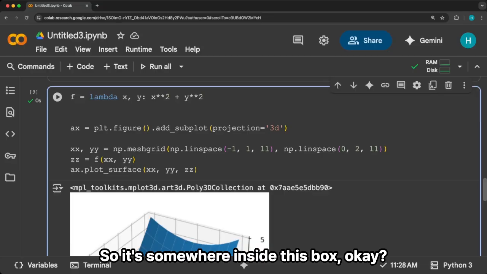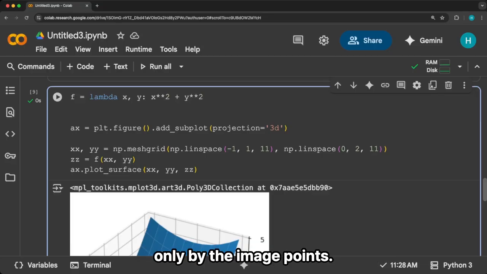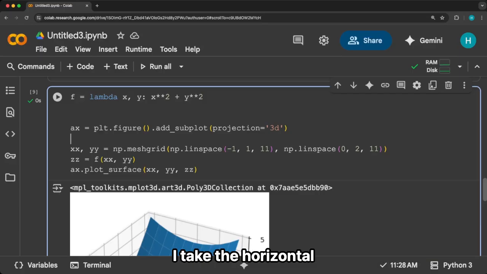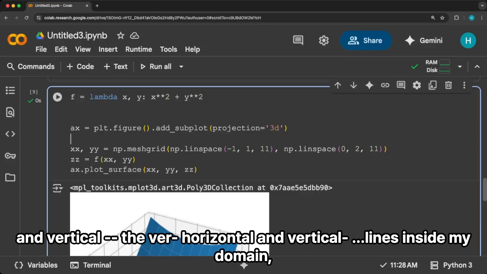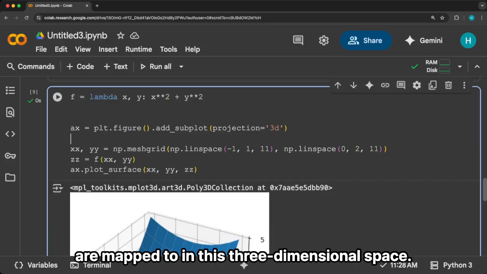But now I want to draw the graph of it only by the image points. So you do the same thing as we did for graphing the two-dimensional function in the first example. I take the horizontal and vertical lines inside my domain, and then see where these lines are mapped to in the three-dimensional space.